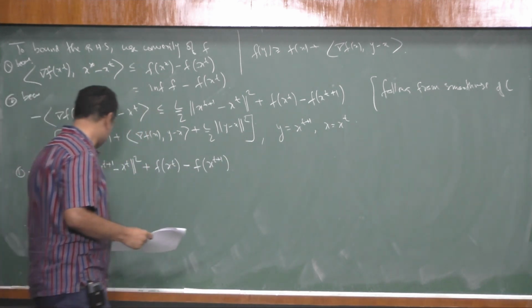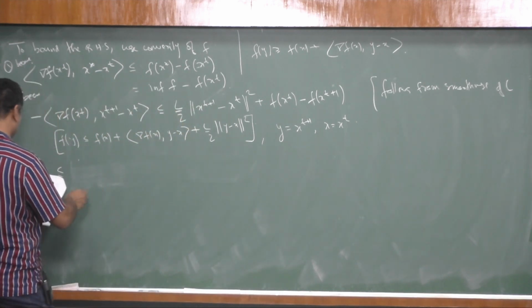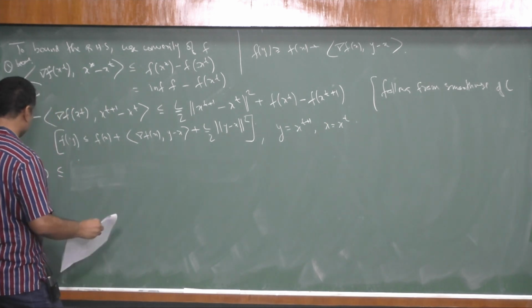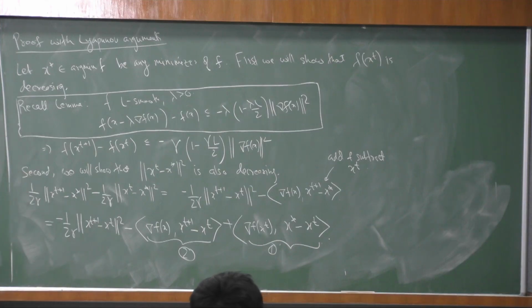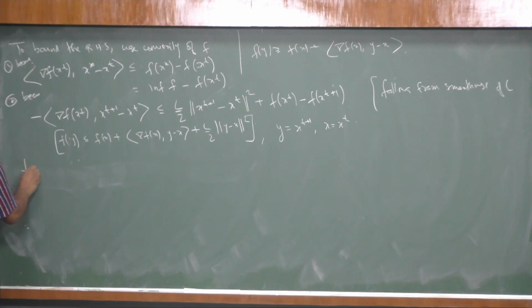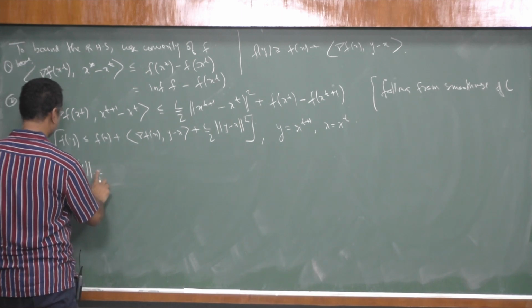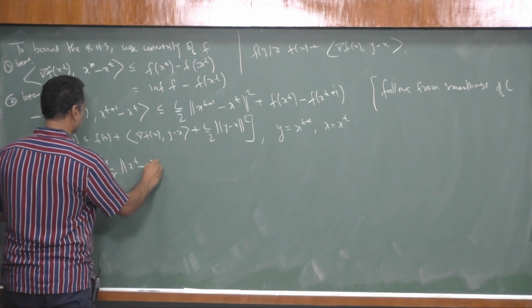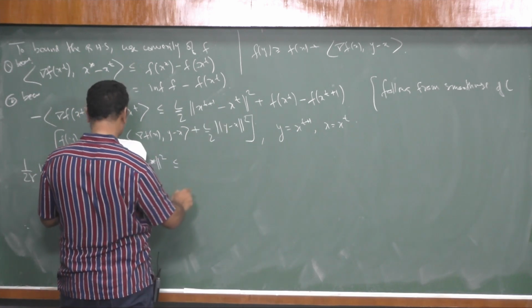No, what did I write? I am supposed to add, right? I have just written one of them. It is good to write this out, because we might use that in that form. So xt plus 1 minus x star, plus minus 1 by 2 gamma xt minus x star, and this is less than or equal to, I have added that.